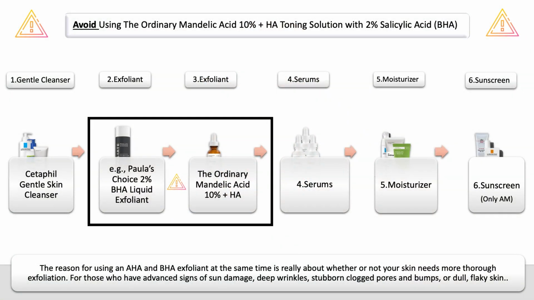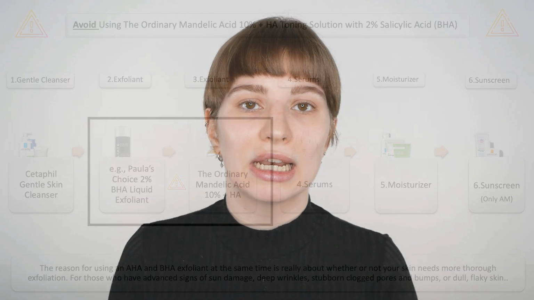And then another specific category which you should also avoid, but which may work for some people depending on your skin concerns, is using other strong BHA leave-on exfoliating acids in the same routine when using mandelic acid. This combination may only work for specific people that have extreme sun-damaged skin, clogged pores, or rough skin, where maybe one of them won't be enough.